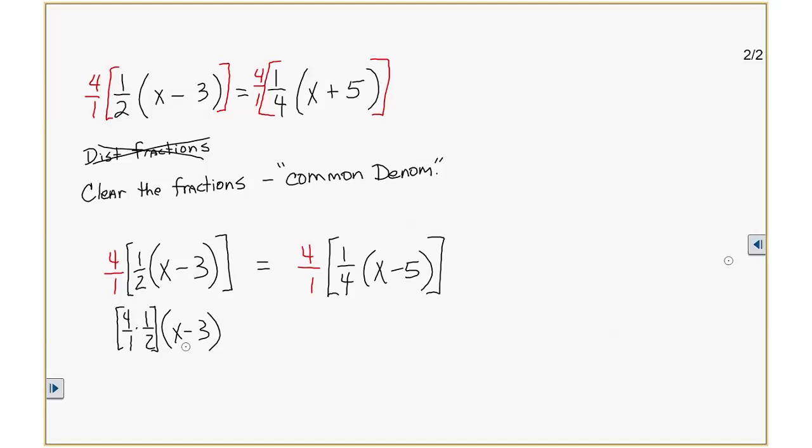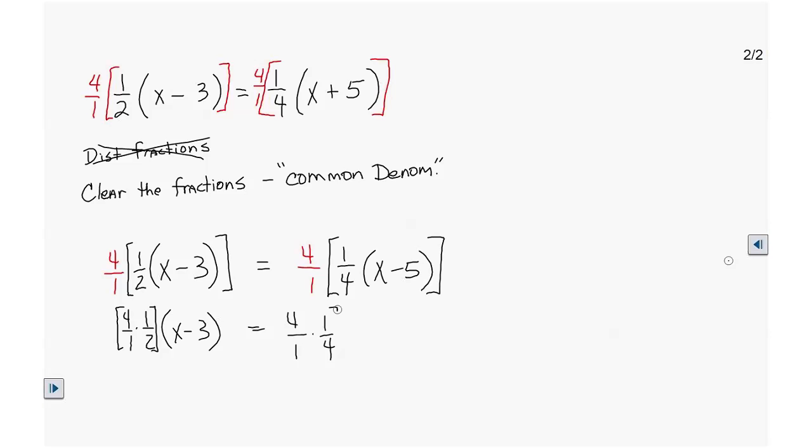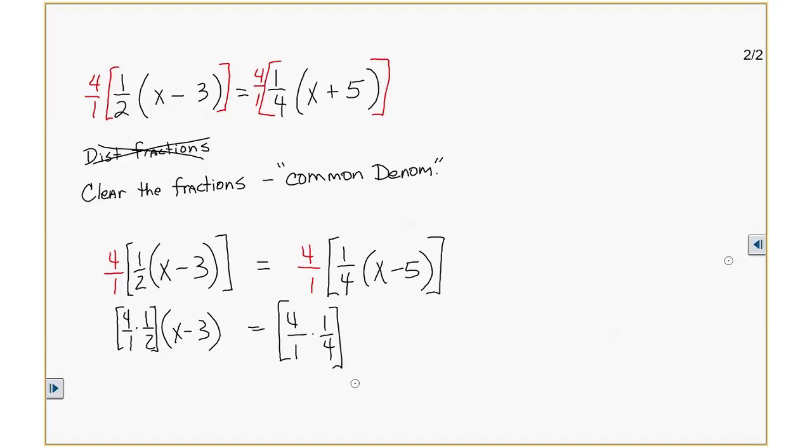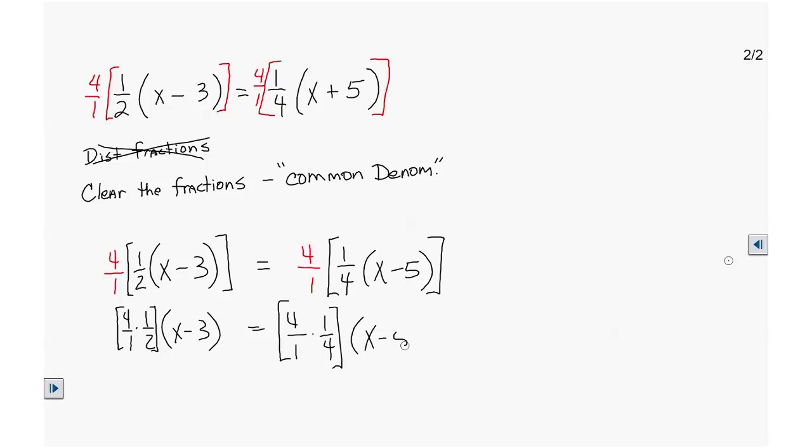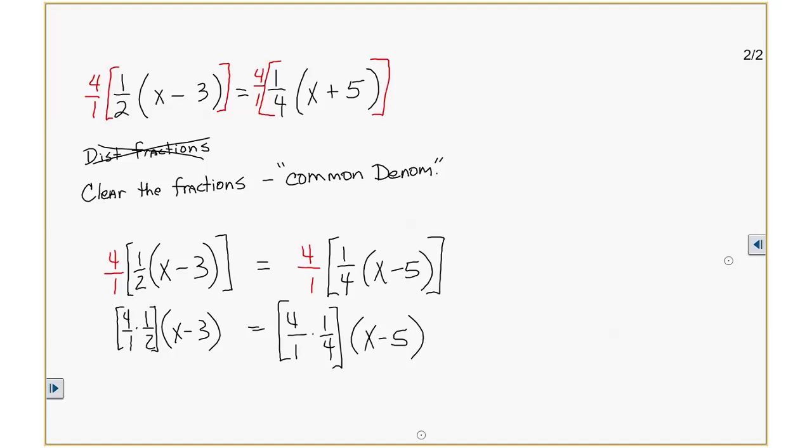You can't touch anything in there. Block of cement right now. And what happens to this 4 times 1/2? 4/2 is 2.